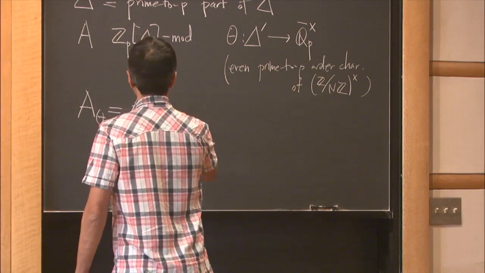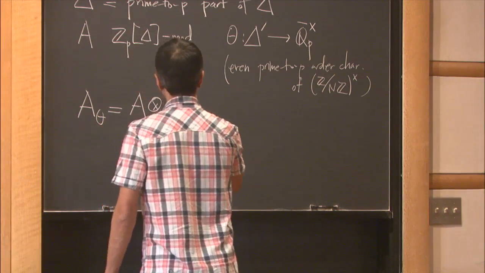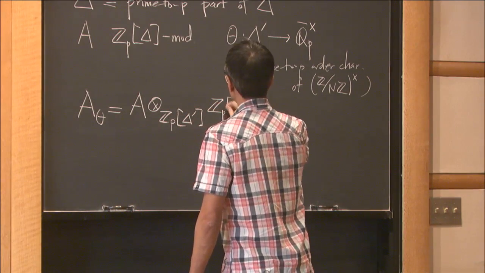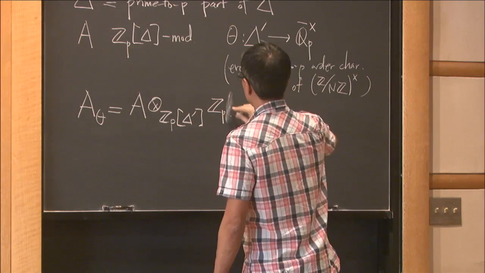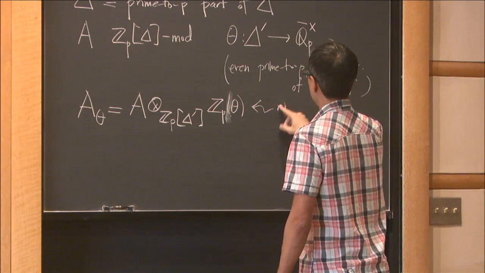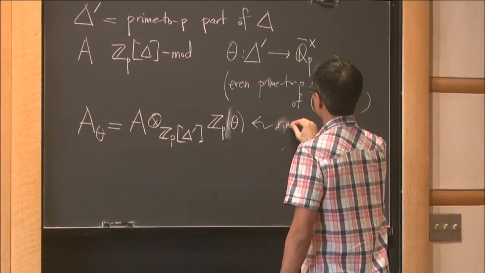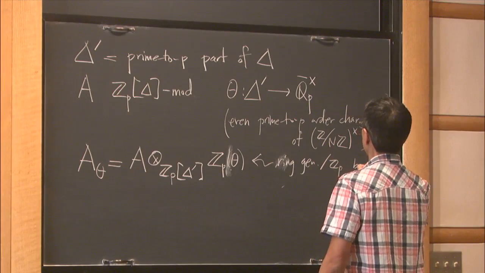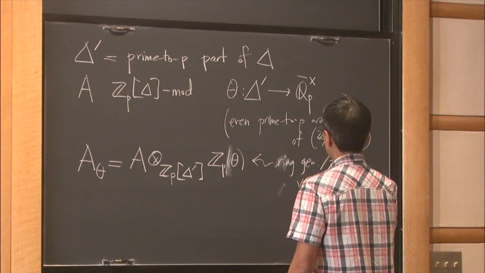Then I can construct the theta part of this Z_p delta module by taking the tensor product over Z_p delta prime with Z_p theta, where this is the ring, or the algebra, generated over Z_p by values of theta.